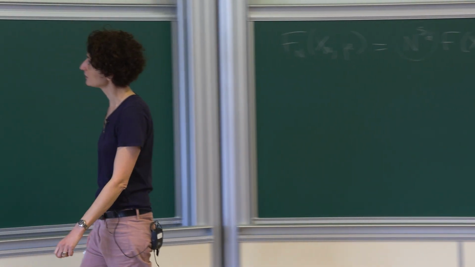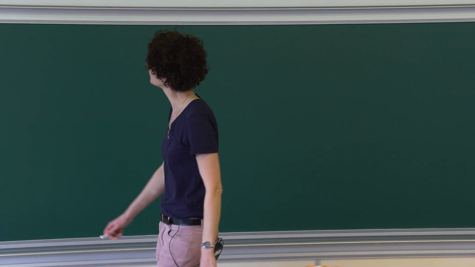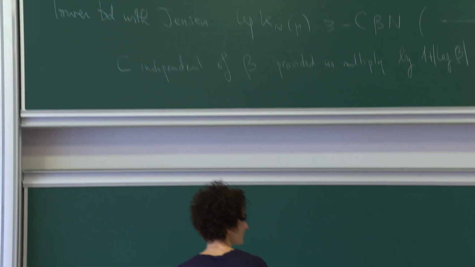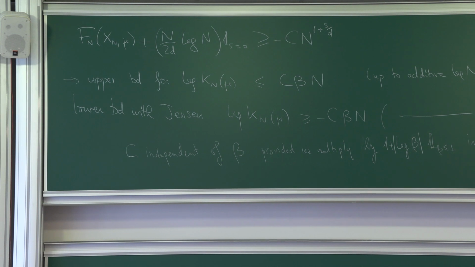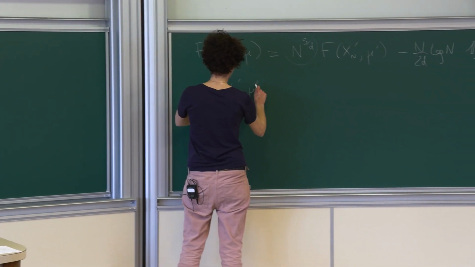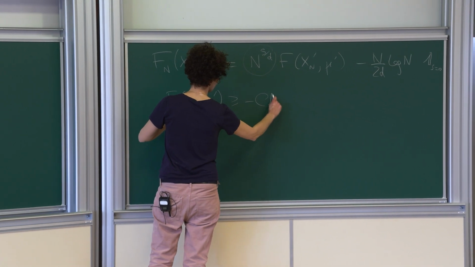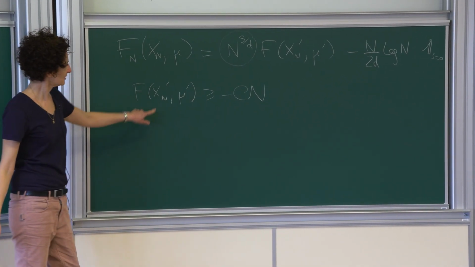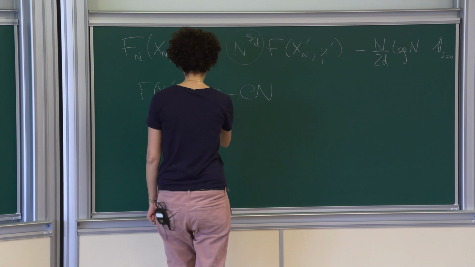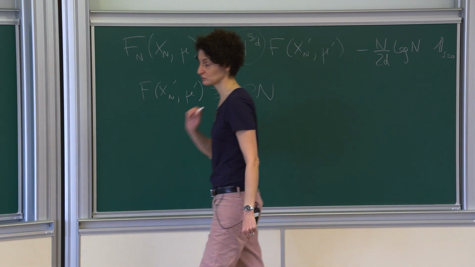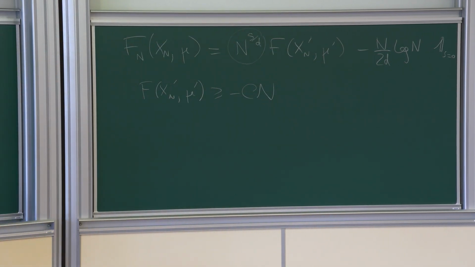So now, with this energy, things are more natural, because you see this f of xn prime, mu prime, is bounded below by minus Cn. So the only thing that's left is really the number of particles in this scale.